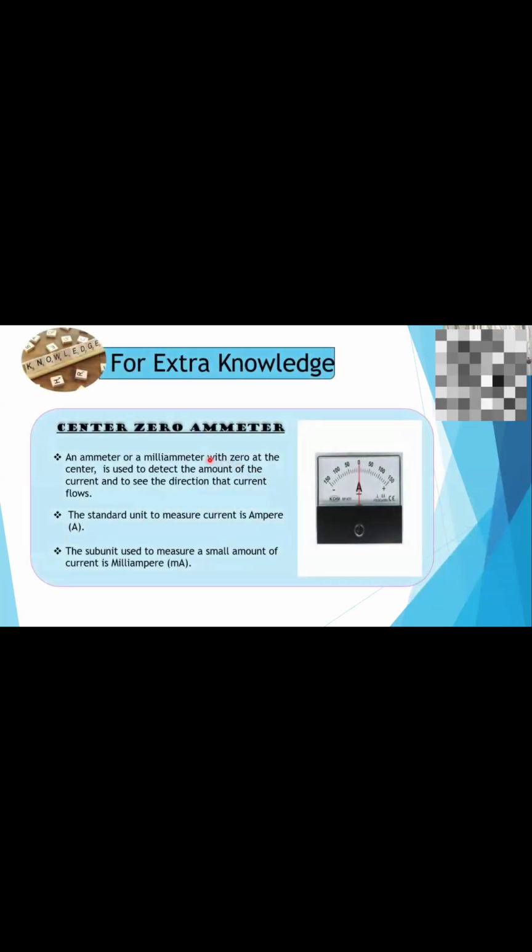For extra knowledge, a center zero ammeter. An ammeter or a milliammeter with the zero at the center. It is used to detect the amount of the current and to see the direction of the current that flows. The standard unit to measure the current is ampere, capital A. The subunit is used to measure a small amount of current.